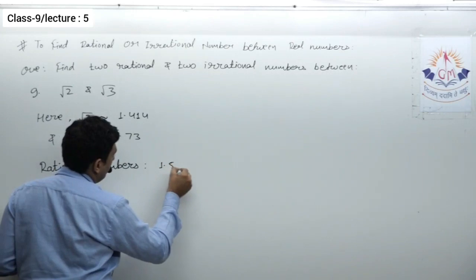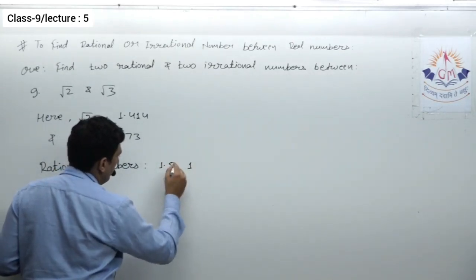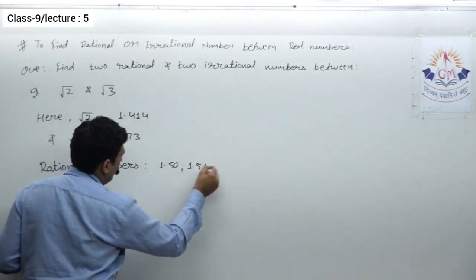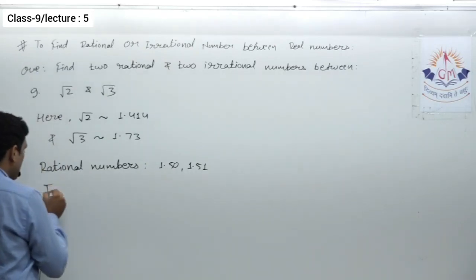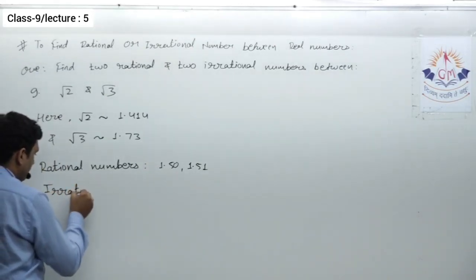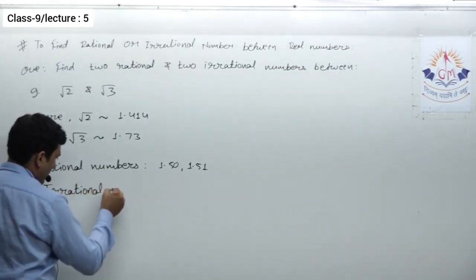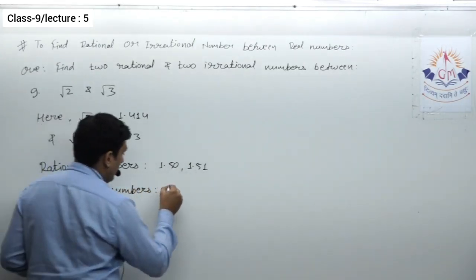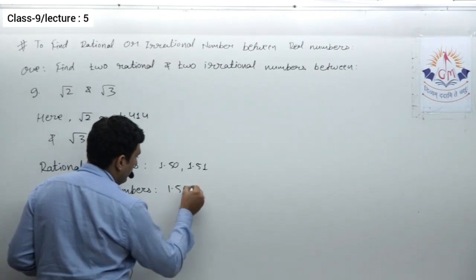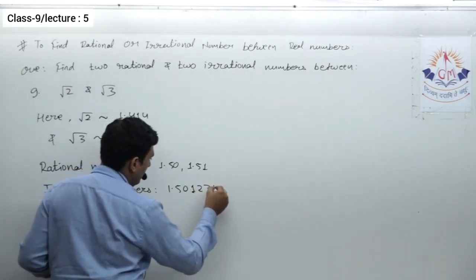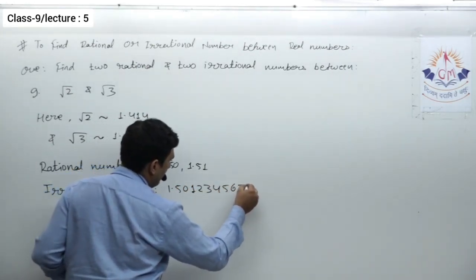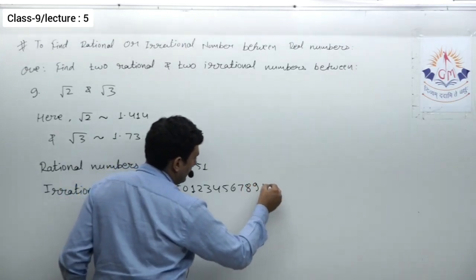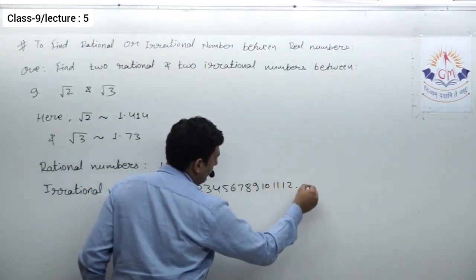1.50 and 1.51. Now irrational numbers: 1.50 followed by 1 2 3 4 5 6 7 8 9 10 11 12 and so on.